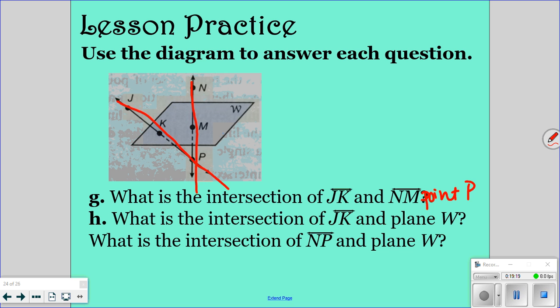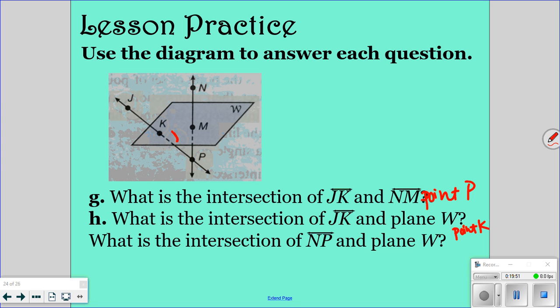Then it says, what is the intersection of line JK and plane W? So plane W is here. They intersect at point K because point K is on plane W. If you look right here, you'll see how it's dotted.